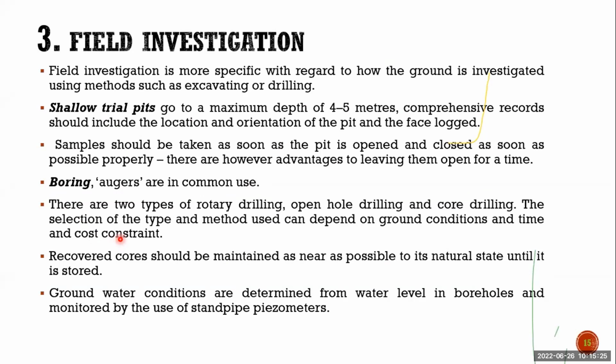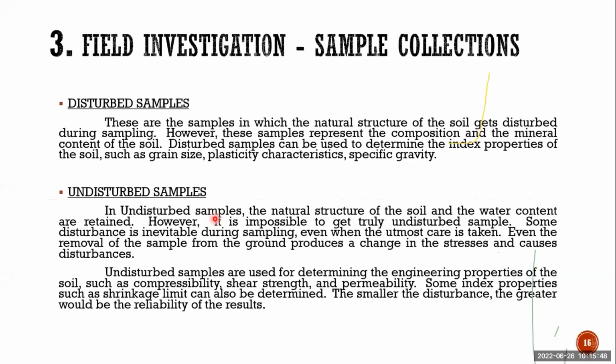Like I was mentioning, normally they will do NQ and HQ, which means around 55 to 75 millimeters, so the sample will be very small. We will not have the big picture, but we can go deeper. That's why we need many boreholes to see the overall condition of the site.